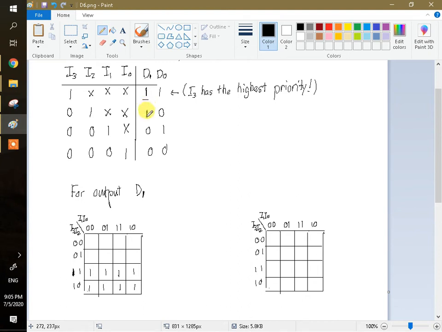Anything with I2 here, but I3 must be 0. This row is slightly different: anything starting with I3 0, I2 1, don't care about I1 and I0, we get 1. Okay, all get 1. So this is the Karnaugh map we have.